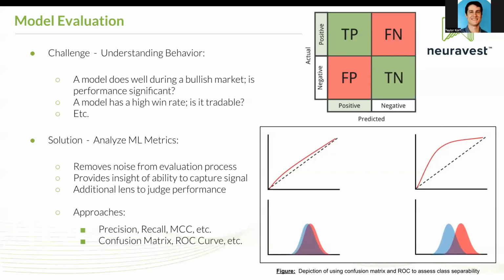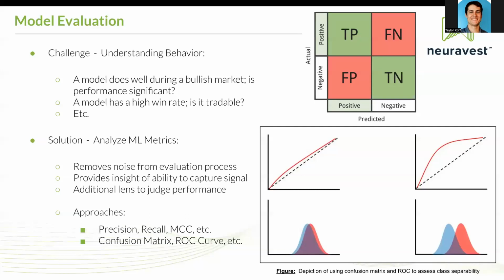So there are several metrics at our disposal to evaluate whether the model is useful. The most obvious choice might be to look at a model's accuracy, but some problems might benefit from focusing only on actions that we take rather than the missed opportunities. So accuracy isn't quite what we're looking for.